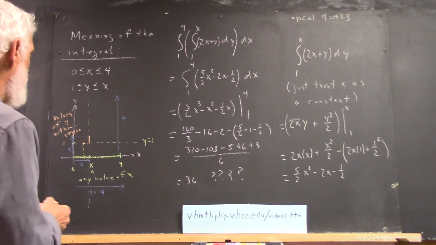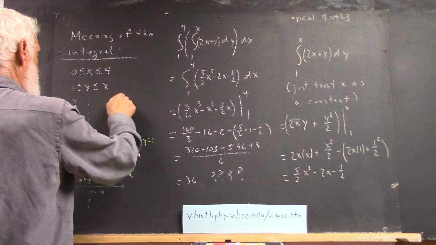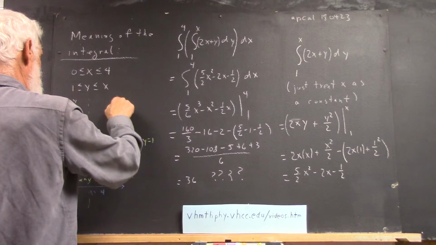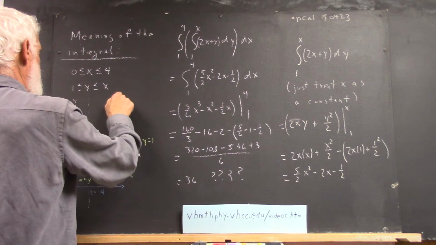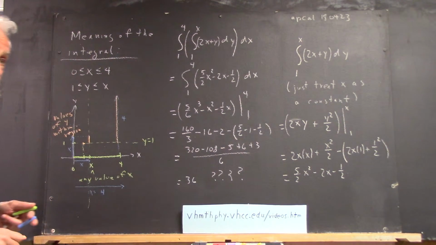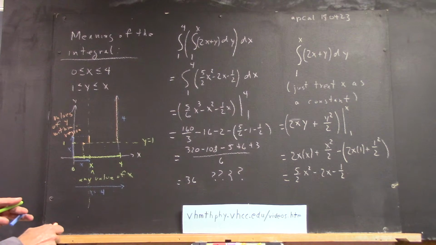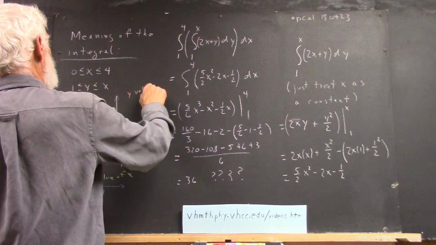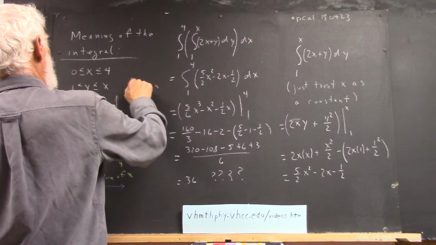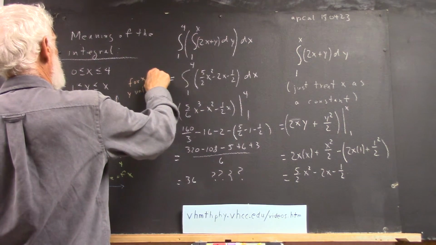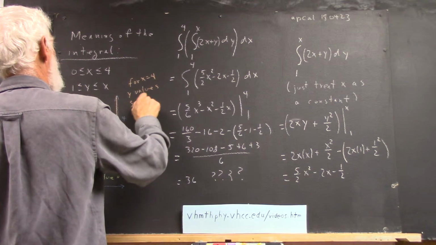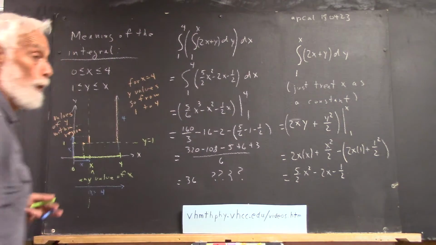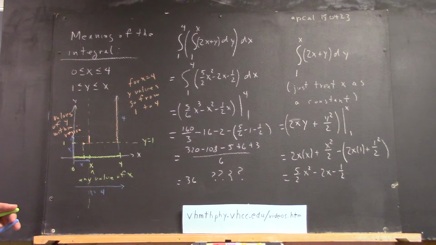And now all the y values between 1 and 4 would be within the region. Okay? For x equals 4, y values go from 1 to 4. Okay?